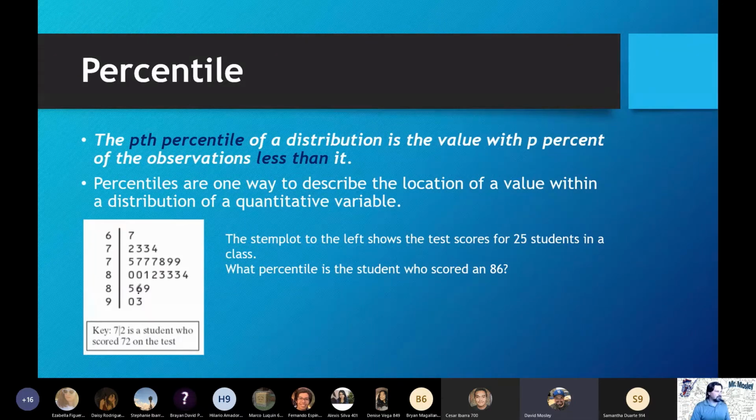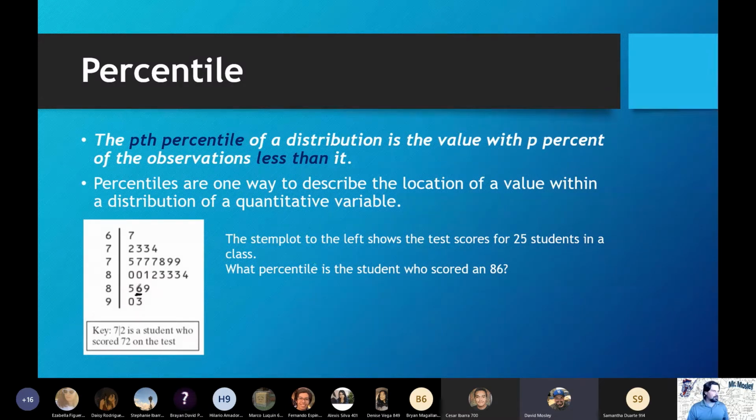86 is represented by this number right here, the 8 here and the 6 here. So we need to see how many numbers are less than 86. Not equal to or less than, only less than. So I need to count up how many numbers are less than. Let's change our color.